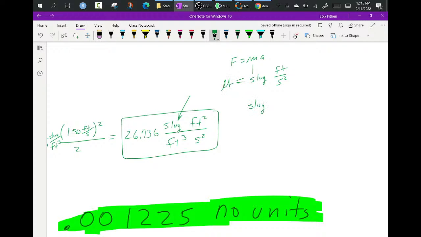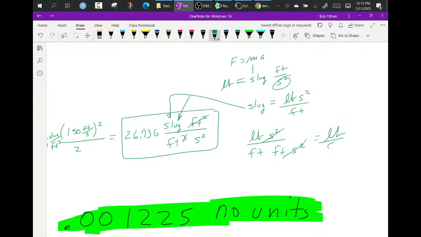So if I want to get rid of that, take the second over, pound second squared over foot, take that in there, and get a pound second squared over foot. And then I say cancel these out, and I got a foot on bottom and a second squared on bottom. And now I get pounds per foot squared.